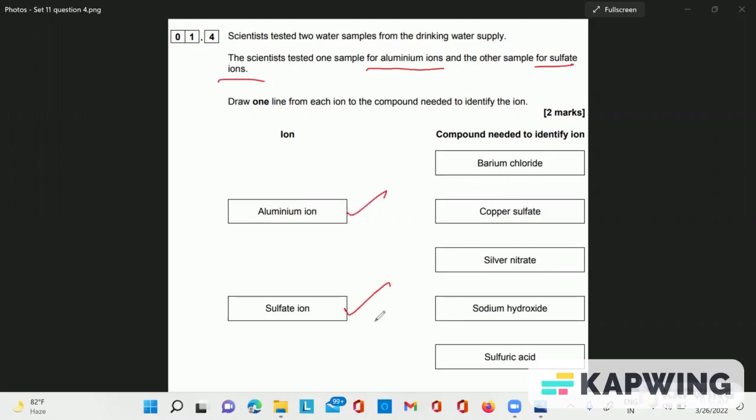For the aluminum ion, the compound needed to identify the ion will be sodium hydroxide. And to identify the sulfate ion, the compound that we can use is barium chloride. So for aluminum ion, we take sodium hydroxide, and for sulfate ion, we take barium chloride.